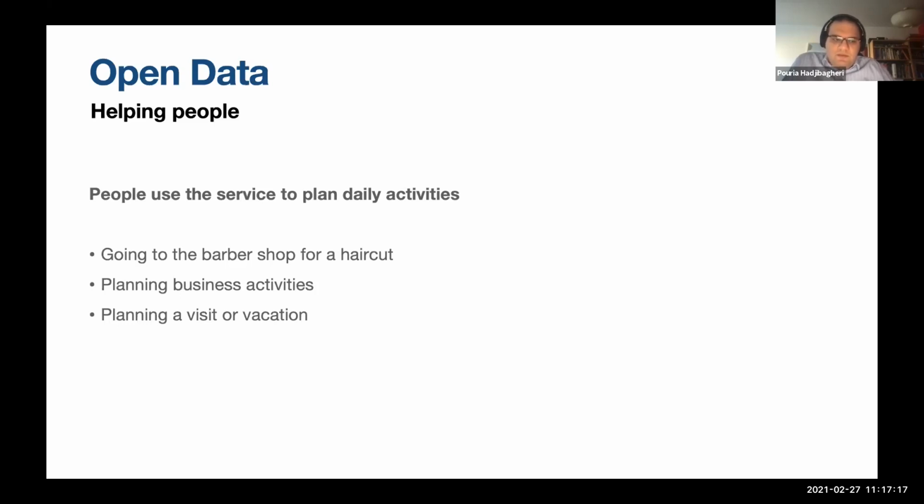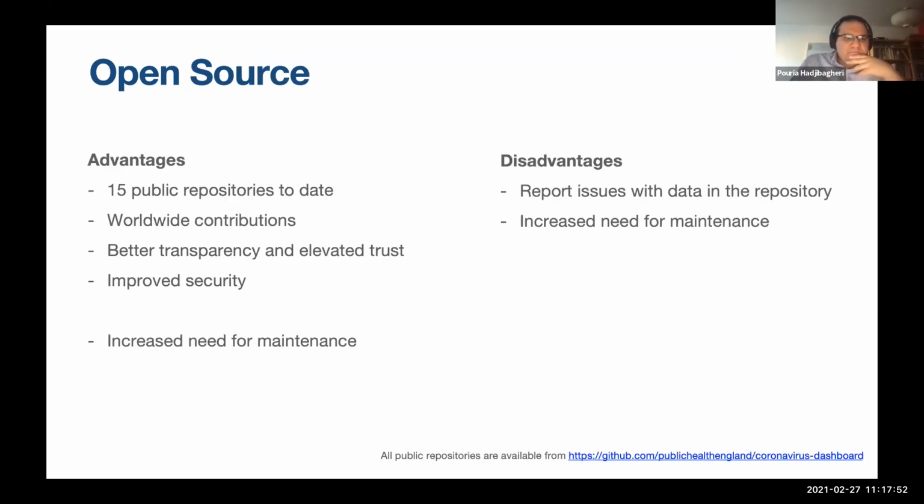So they were running a national catering business, and they ordered a smaller amount of stock so that they minimized the risk to their business, they minimized the loss to their business, and they even use it to plan their vacations, visits to family members and things like that. So it has material impact on people's daily activities.